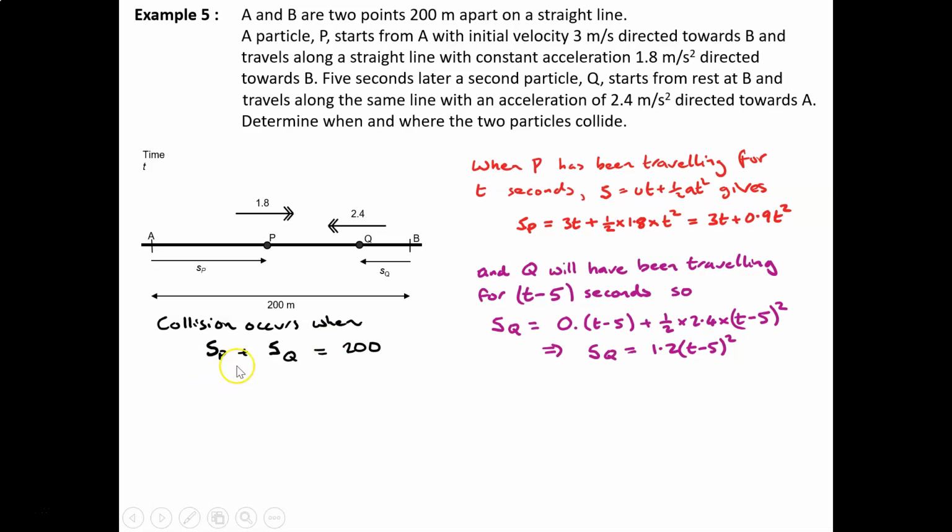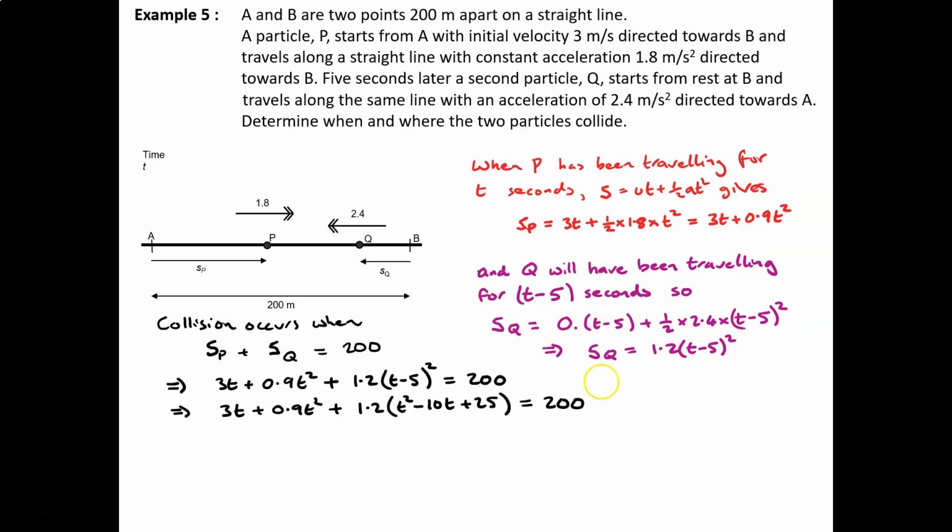The collision occurs when SP and SQ add up to 200. So SP was 3t plus 0.9 t squared. SQ was 1.2 times t minus 5 all squared. That should add up to 200. So multiplying the bracket out, collecting terms.